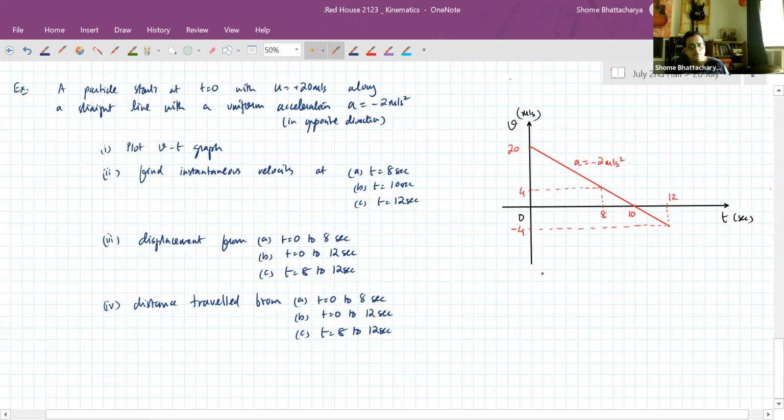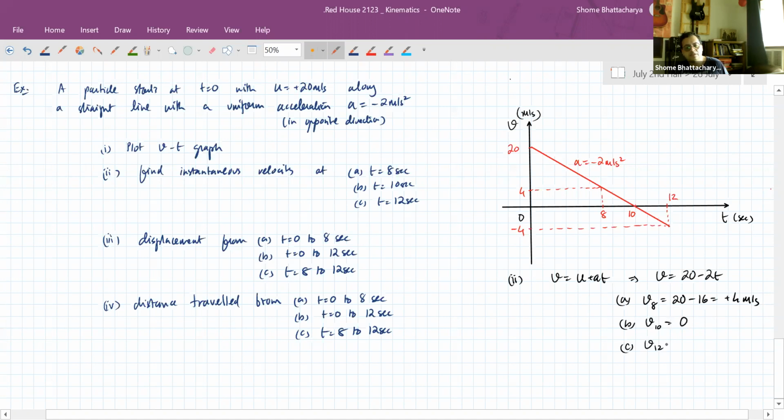So instantaneous velocity, you can use the formula 20 minus 2t in this case. So at 8 seconds, you can see it will become 4, at 10 seconds, it will become 0.